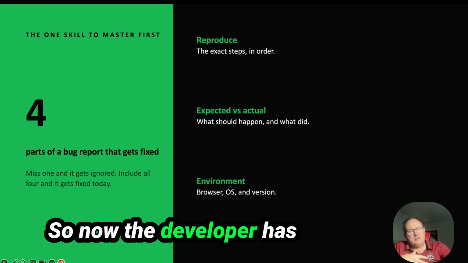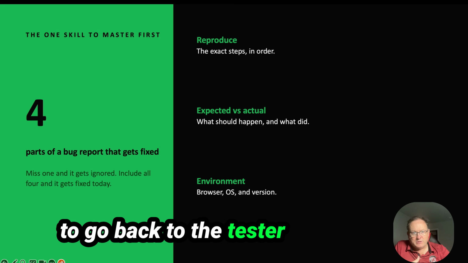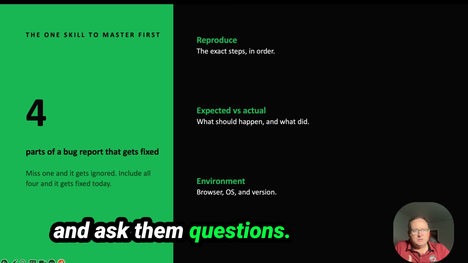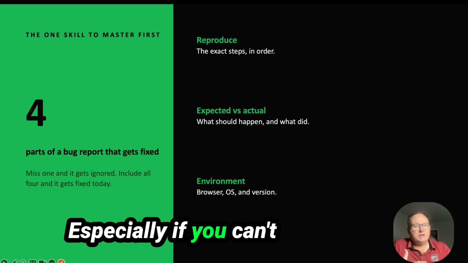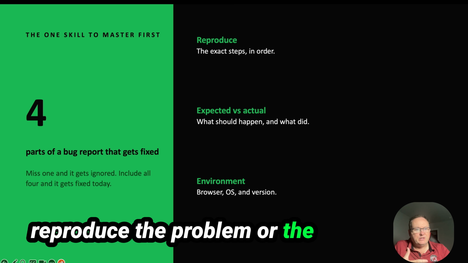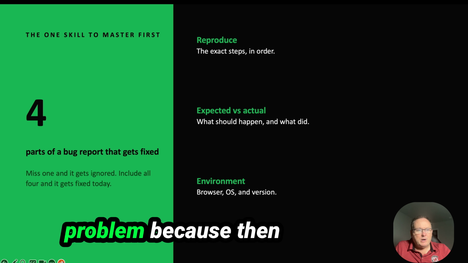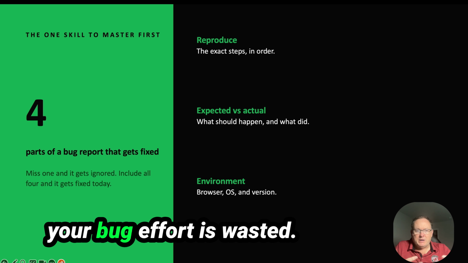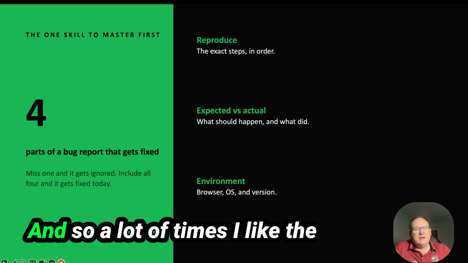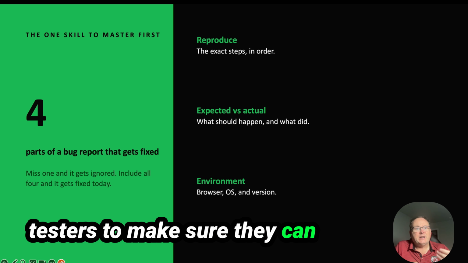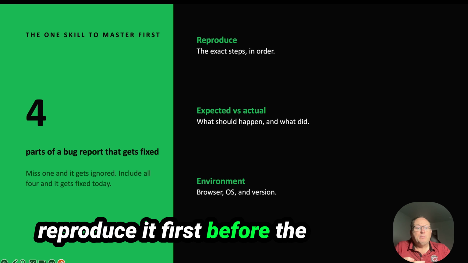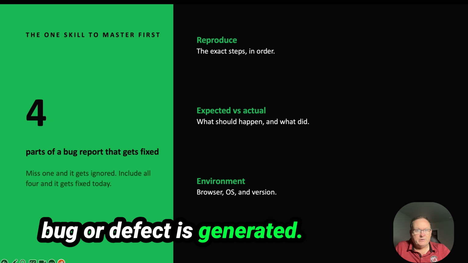So now the developer has to go back to the tester and ask them questions, especially if you can't reproduce the problem or the developer doesn't reproduce it. Then it's going to be a big problem because then your bug effort is wasted. And so a lot of times I like the testers to make sure they can reproduce it first before the bug or defect is generated.